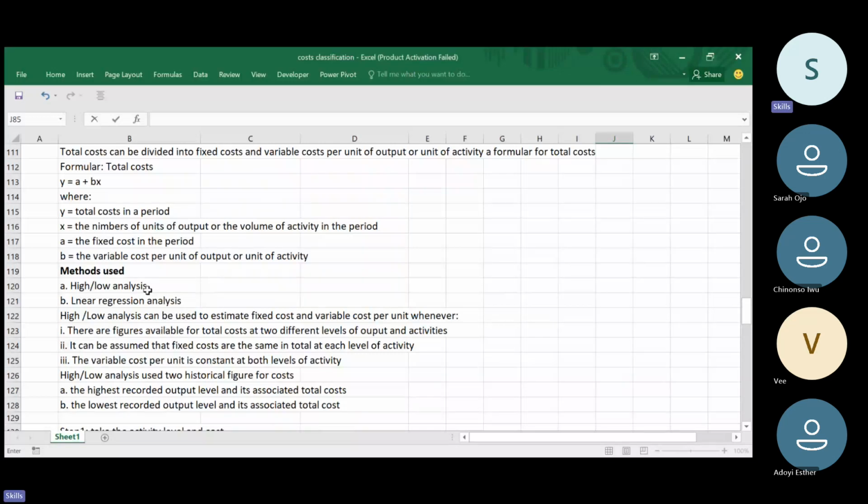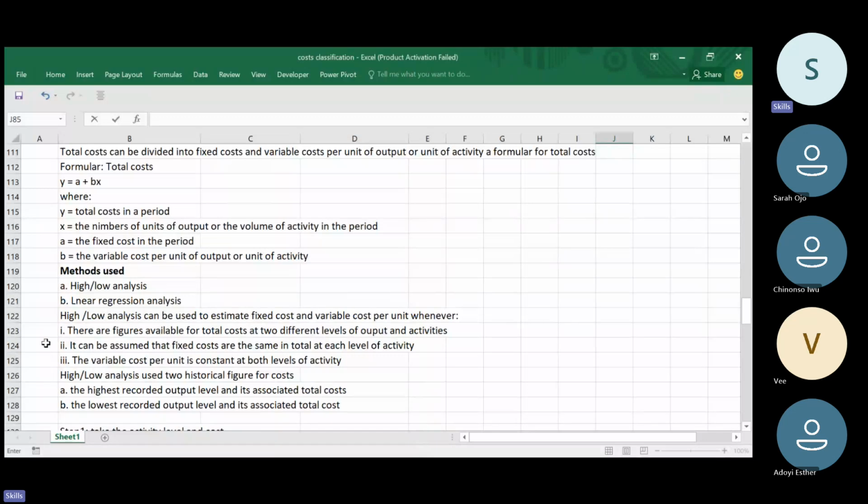The high and low analysis can be used to estimate fixed cost and variable cost per unit whenever the following exist. One, there are figures available for total cost at two different levels of output and activity. So you cannot determine it when there is no total cost.